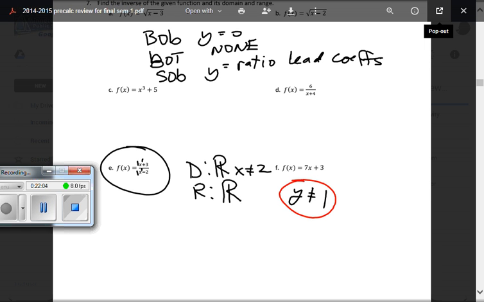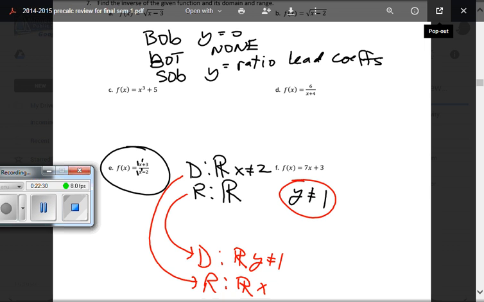So then, to get the domain and range of this new function we created down here, the domain becomes the range. So the range turns into the domain, and that's all reals except y cannot equal 1. And the range is all reals except, and this is coming from the domain, x cannot equal 2.